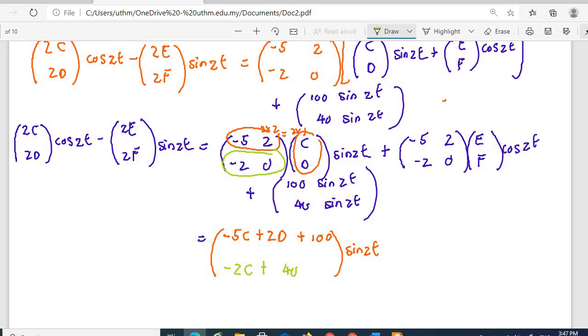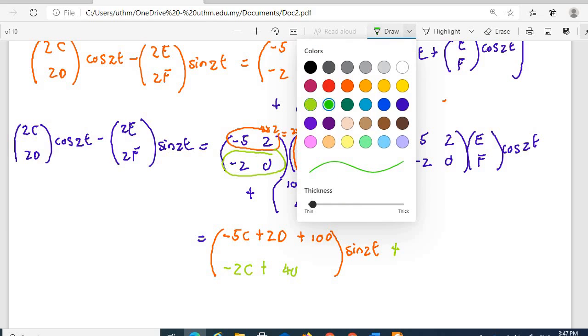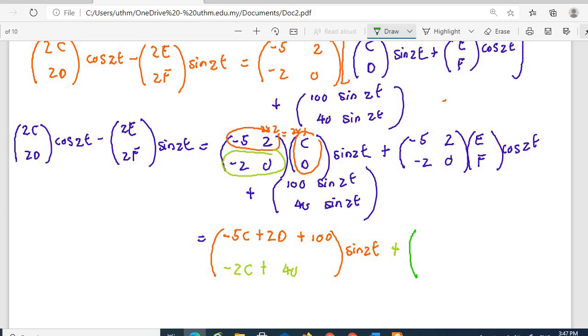And then okay, now the second term. Doing this one, negative 5 take this one, multiply this one. So negative 5e plus 2f. This is for the cos 2t term.